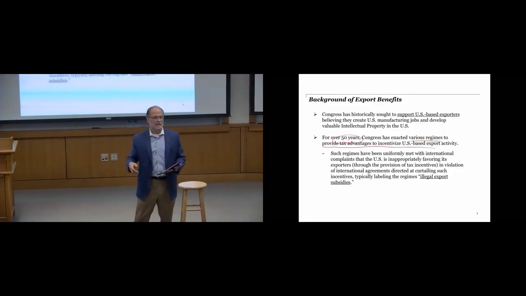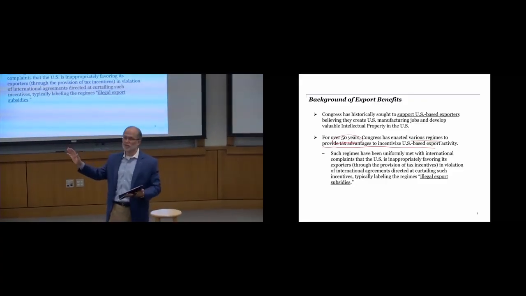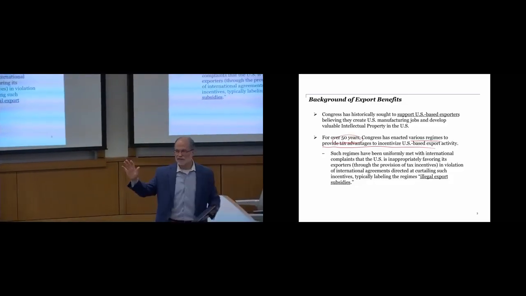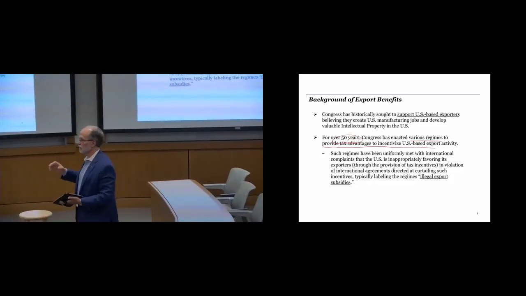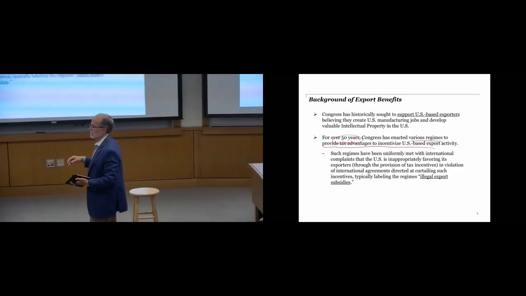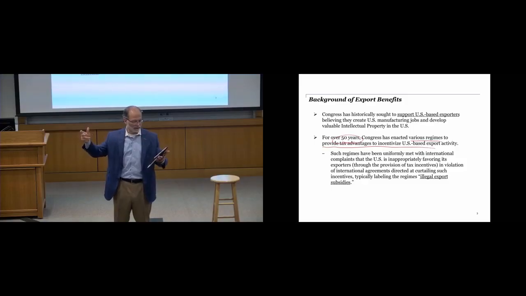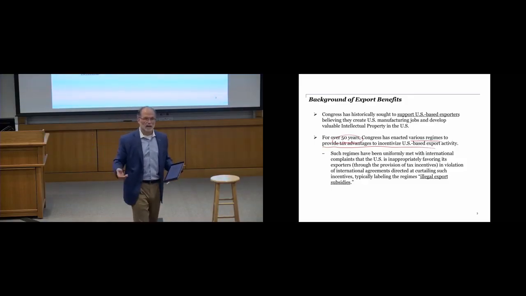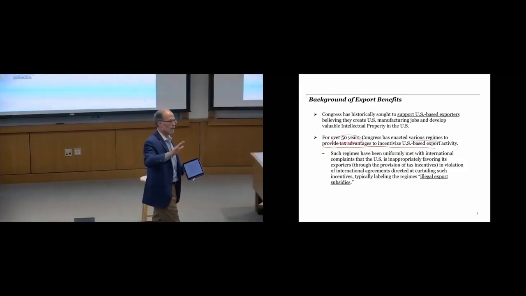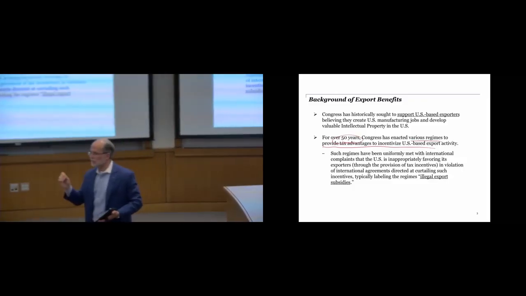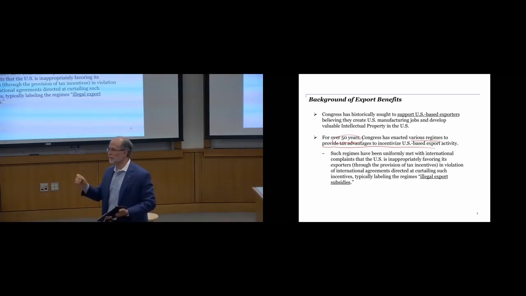This is a complete tortured history, because there are court cases that go on for decades about these regimes that the U.S. put in place, because our other trading partners think they are what is called illegal export subsidies. And in world trade organizations and agreements, there are perceived rules that you cannot have illegal export subsidies.